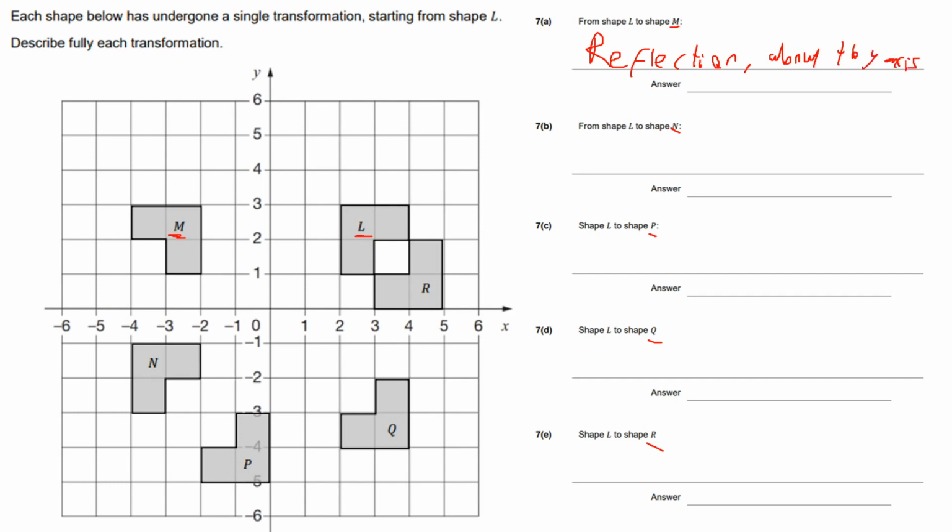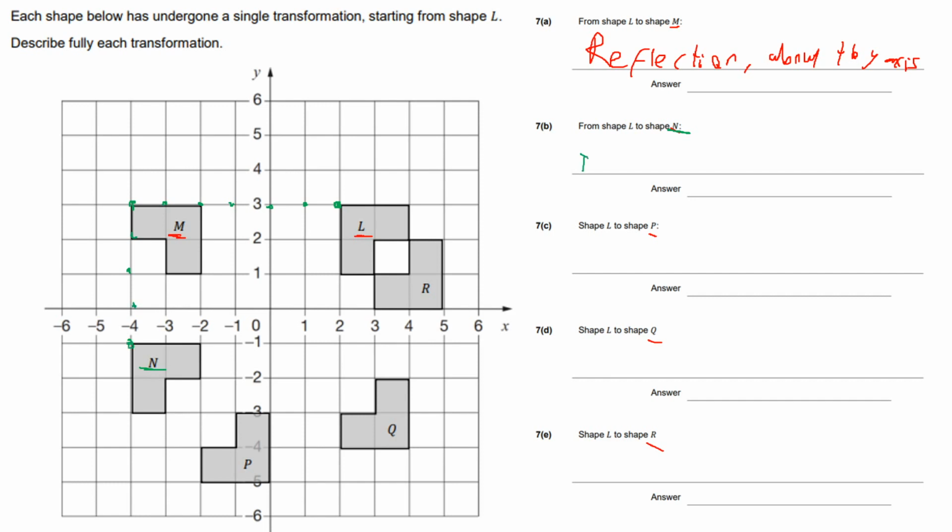Okay? What about if it's to N? If I can actually find N. N is here. So that looks to me like a translation, but what is it being translated by? Well, if we take a look at this point, we can go 1, 2, 3, 4, 5, 6 to the left, and 1, 2, 3, 4 down.